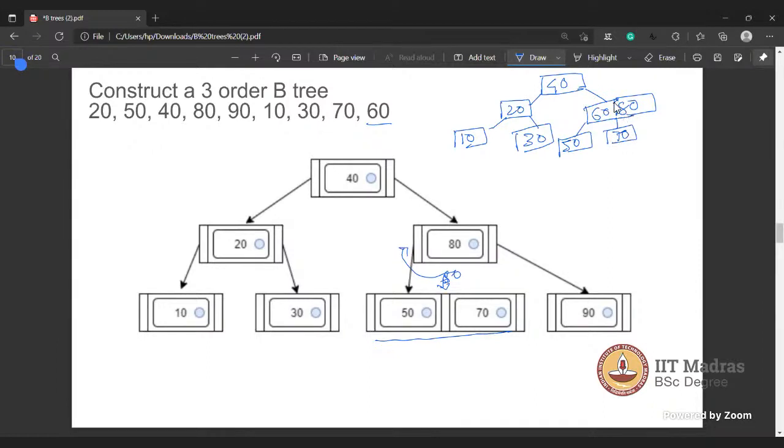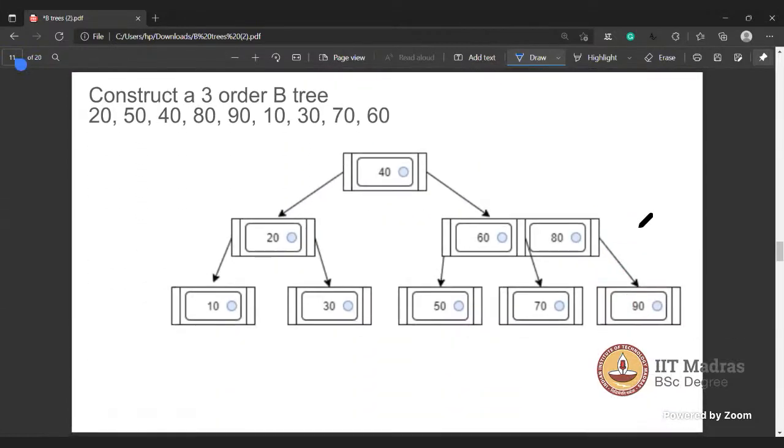And 90 is greater than 40, greater than 80, so 90 will be this. So the final tree will be like this.